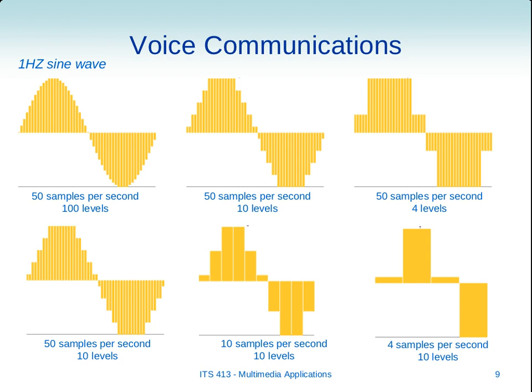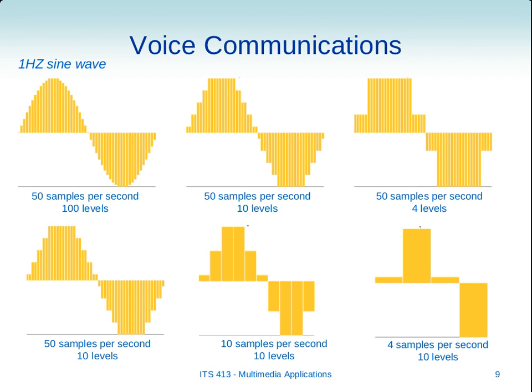What's the difference between them? The difference is the different sample rates and sample sizes. The sample size indicates the number of levels that we divide our range into, our amplitude. The top 3 diagrams show different sample sizes. That is, same sampling rate, 50 samples per second.